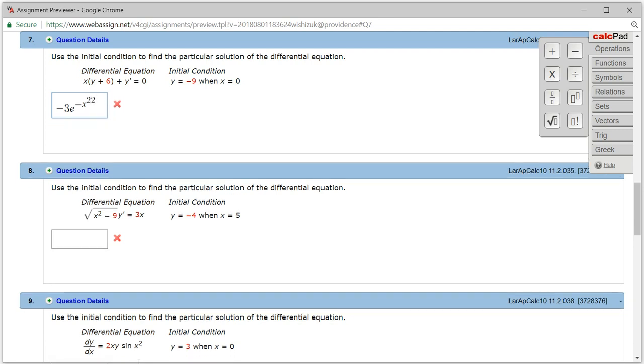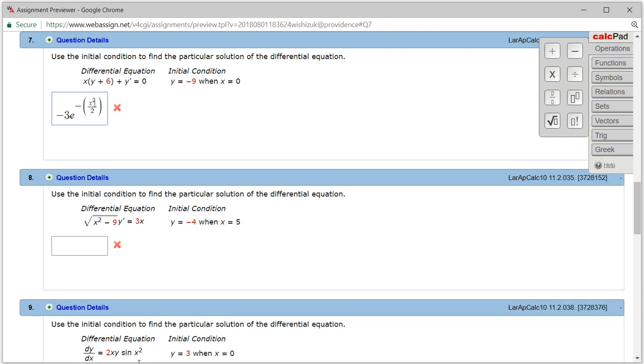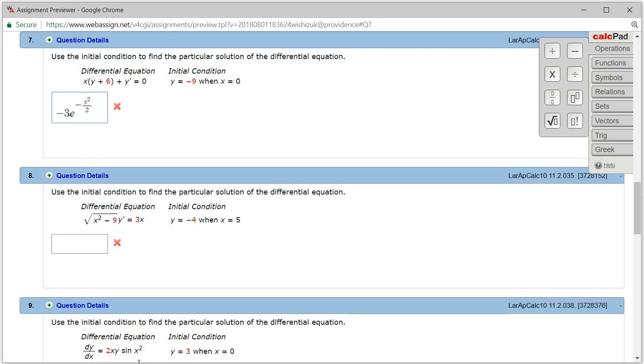I'm going to get rid of those and divide by 2. Then minus 6. Actually, I forgot to write the y. So y equals that.